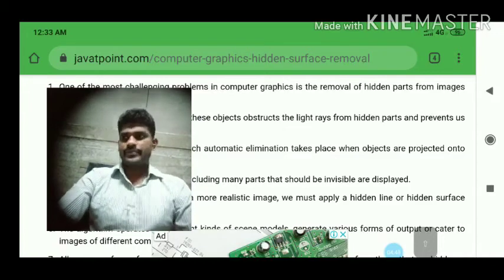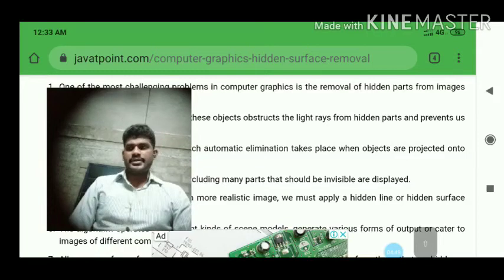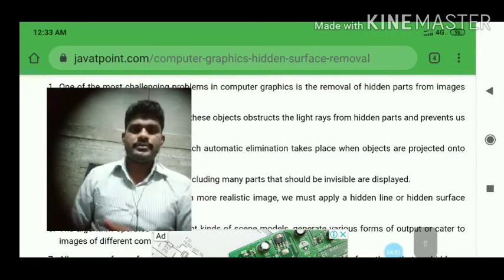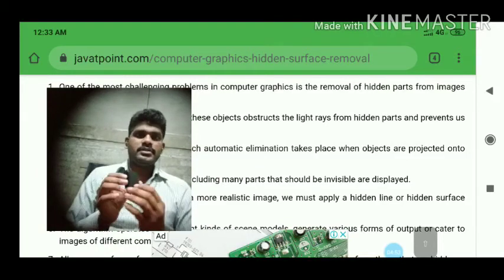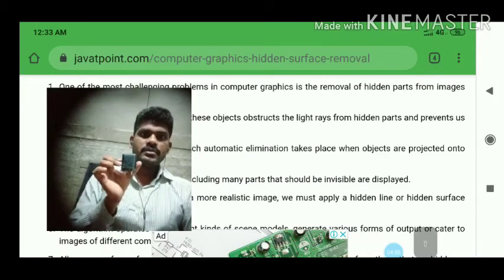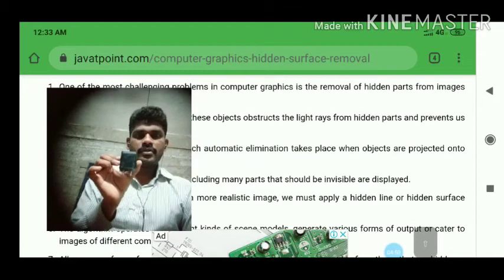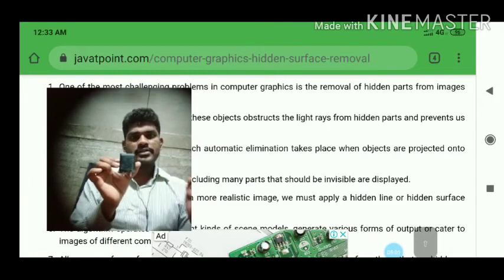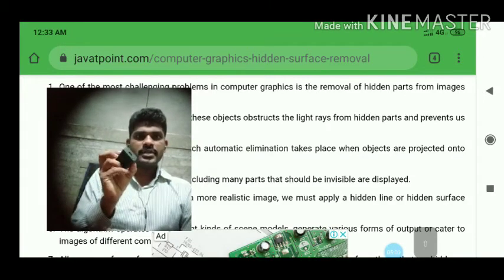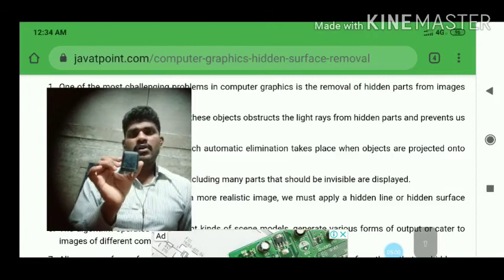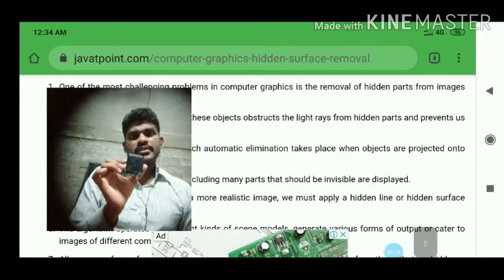Simple thing. I want to give you an illustration. Look at it here. This is the object, and here is hidden surface removal. You want to draw this object on a screen. Just imagine this is a 3D object. First of all, what are the hidden surfaces in this object?